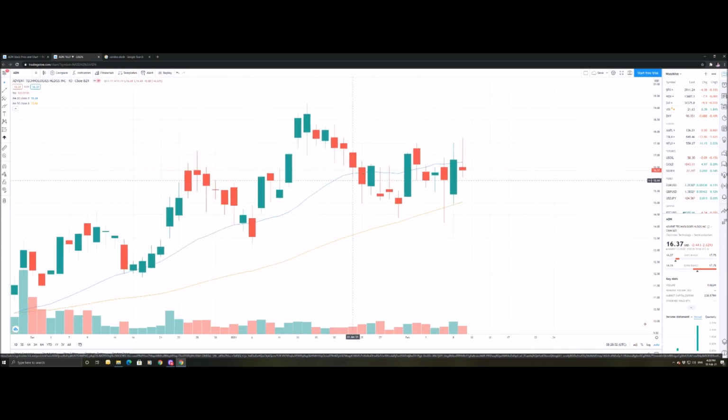If this blue line, the shorter term moving average, dipped below this orange line, which could potentially be happening soon due to the fact that they're getting a bit closer, if it drops below, that indicates we're moving into a downtrend. And that's just a basic indicator that you guys can use right now in order to predict the price.